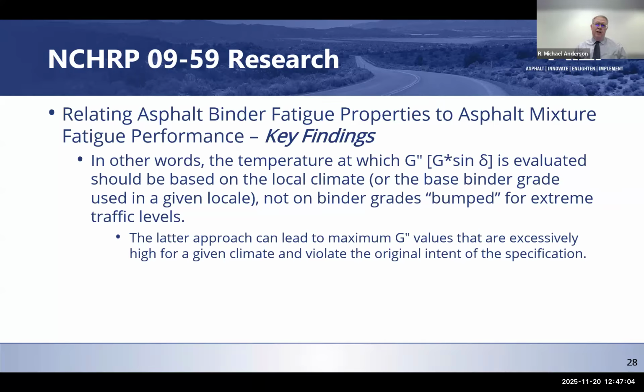But if they're blending it and they're looking at what's the combined blend, then maybe they want that combined blend to meet the properties as if it were going to be a 64-22, for instance. So I think what they were trying to address is what we see within M332 anyway, which is that just because you're bumping the high temperature grade for traffic doesn't mean you need to adjust your intermediate temperature grade. That's what the 959 research was more or less saying.